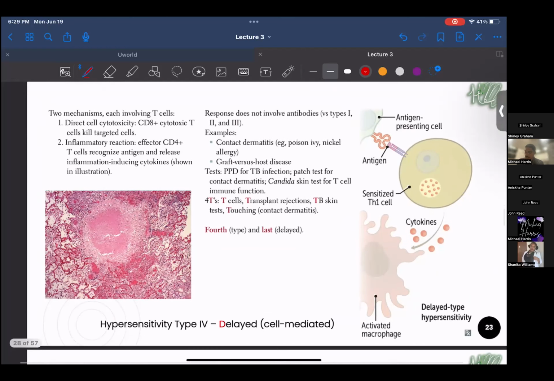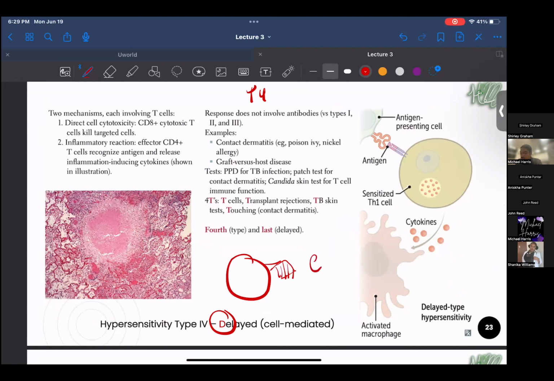Now, this is type 4 hypersensitivity. Okay. And just like we discussed already, I'm not going to harp on it anymore. You get production of CD4 cells. And since you've got to think, remember, you have haptens presenting on cells, right?